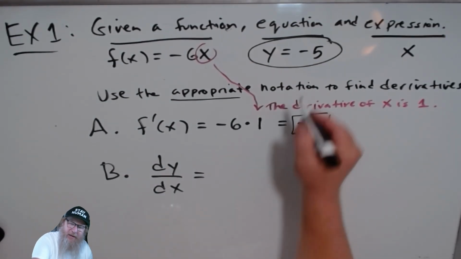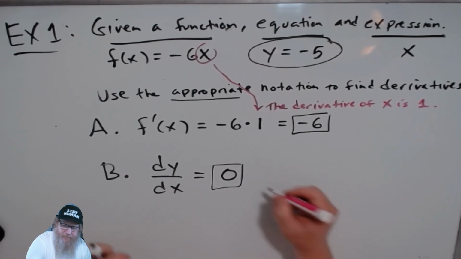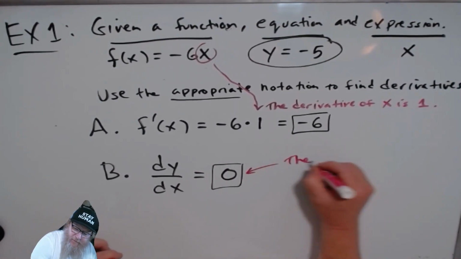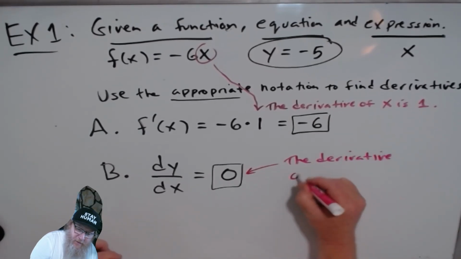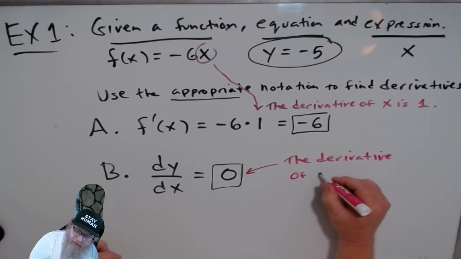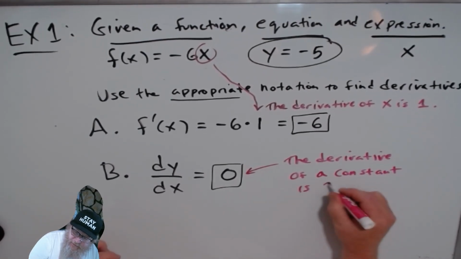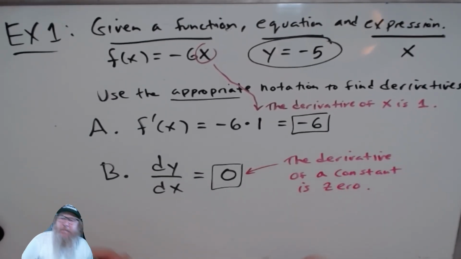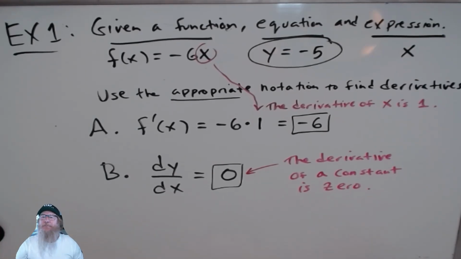So the derivative of negative 5 is 0. The derivative of a constant is 0. Negative 5 is a constant, so the derivative is 0.